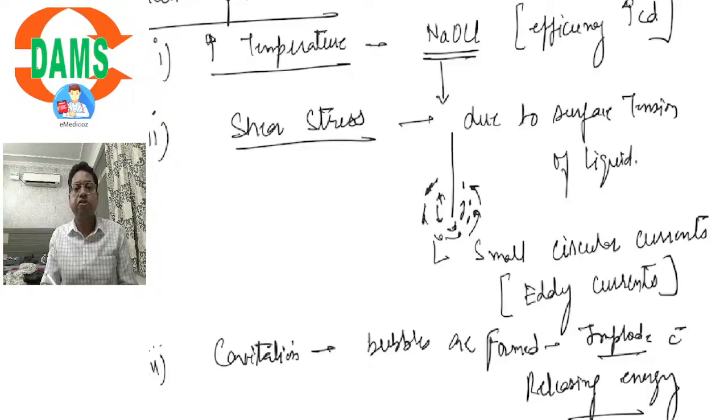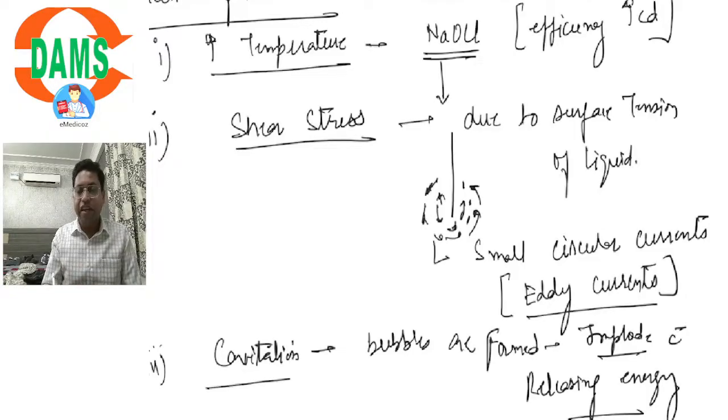There is an increase in temperature. There is shear stress due to surface tension of the liquid, generating small, intense circular currents called eddy currents. And there is a phenomenon called cavitation. Due to ultrasonic vibration, during the positive and the negative phases, there would be formation of bubbles that burst. Implode means they shrink and release energy, that is called cavitation. So cavitation, acoustic streaming or eddy currents, and increase of temperature.